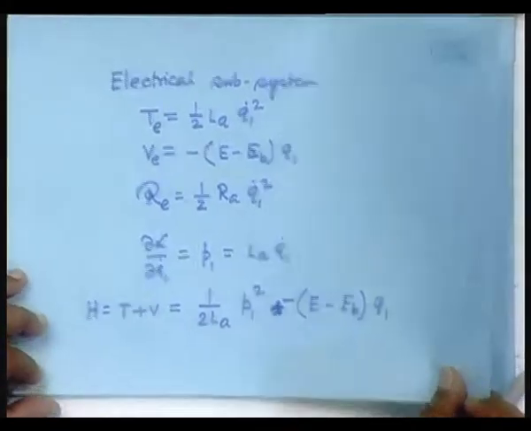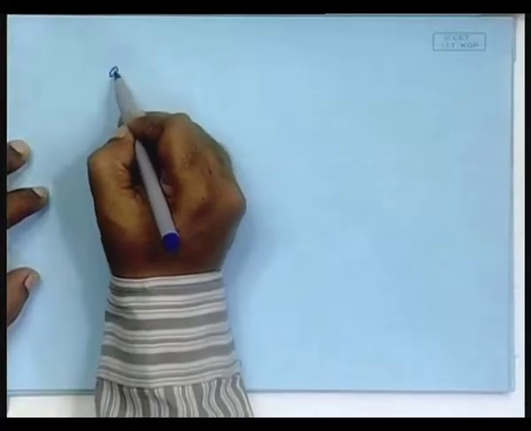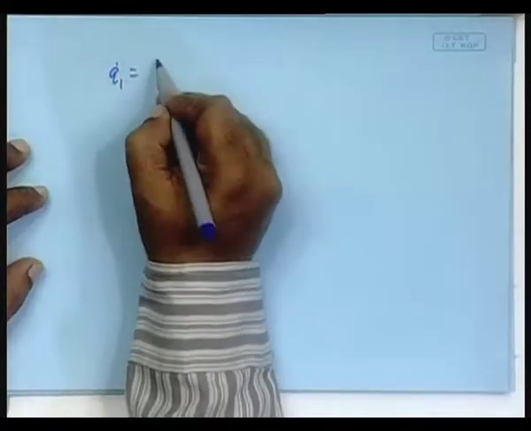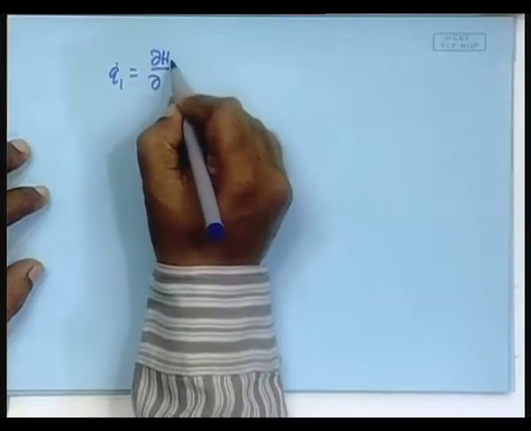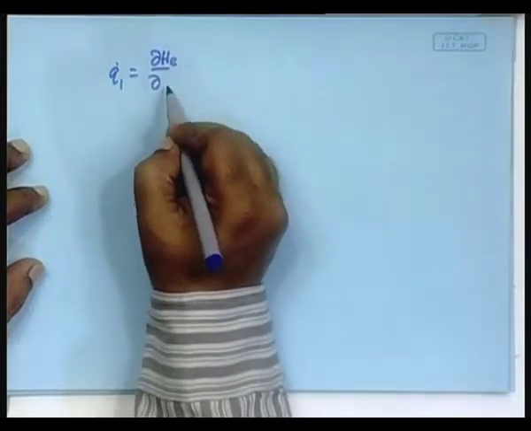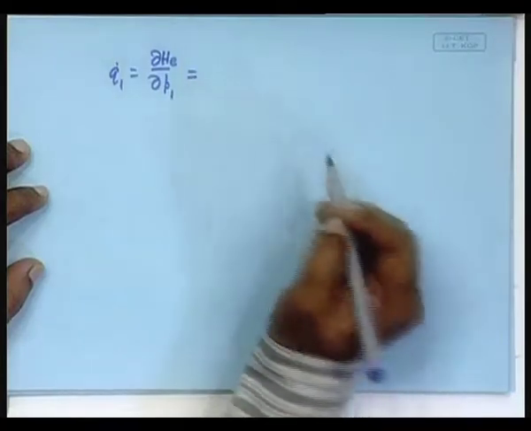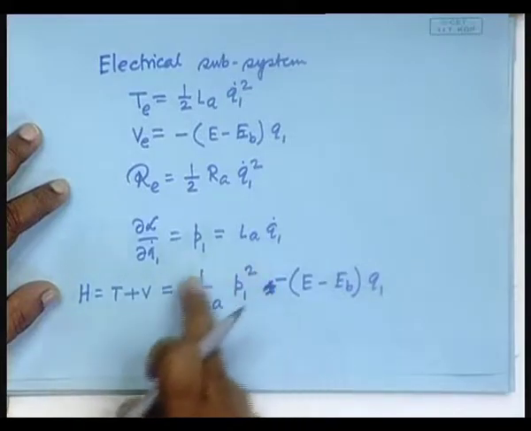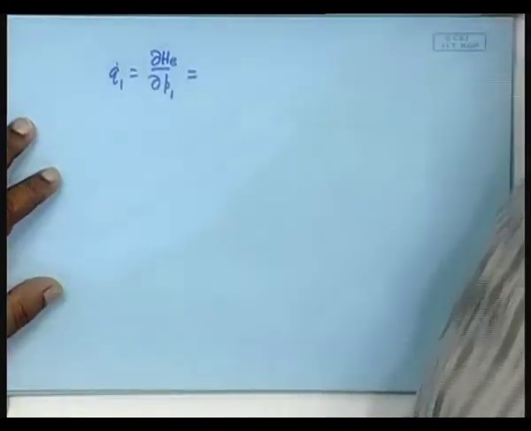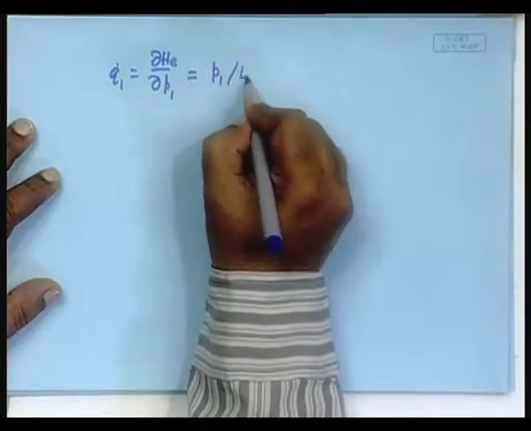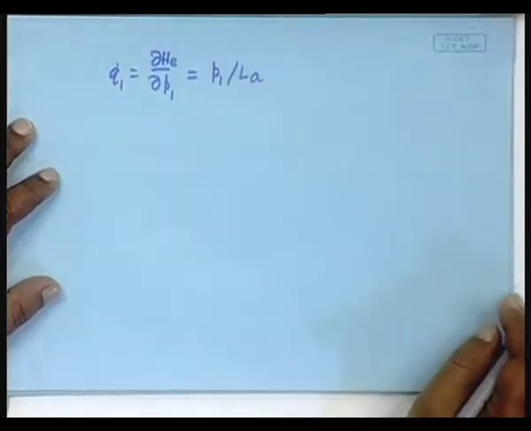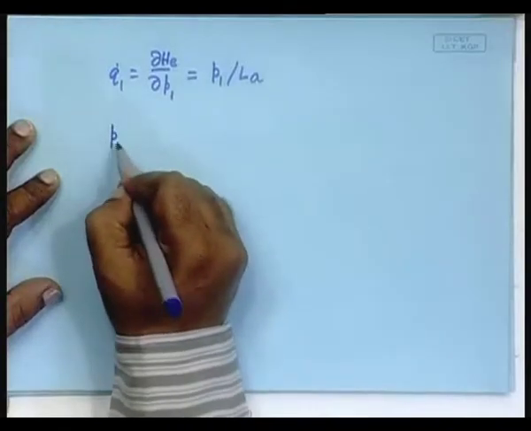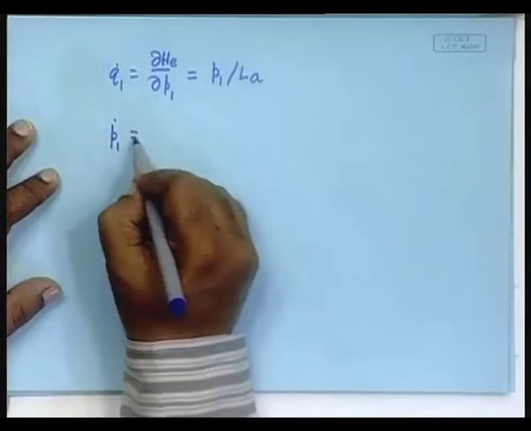If you write the Hamiltonian function, then the rest falls in place immediately. Q1 dot is the derivative of the Hamiltonian with respect to P1, that is P1 by LA. Good. The other one, P1 dot, we have to use this.